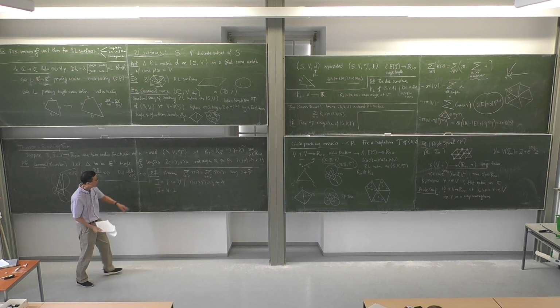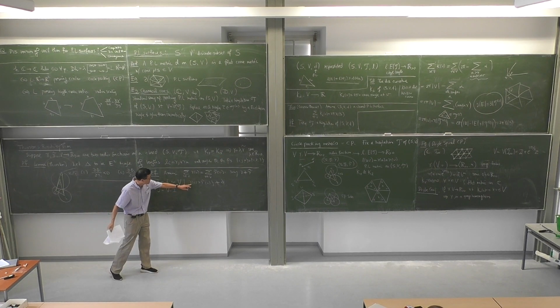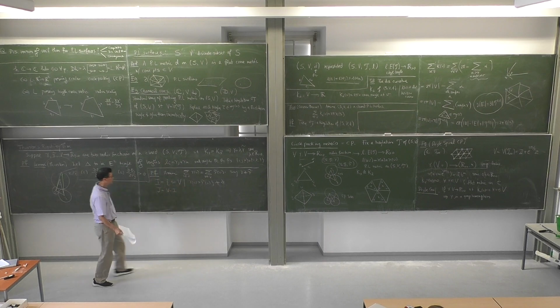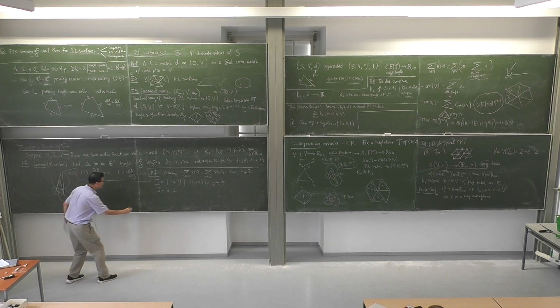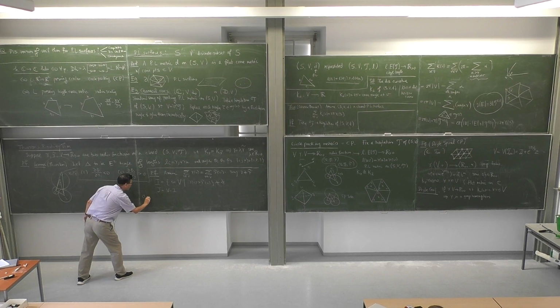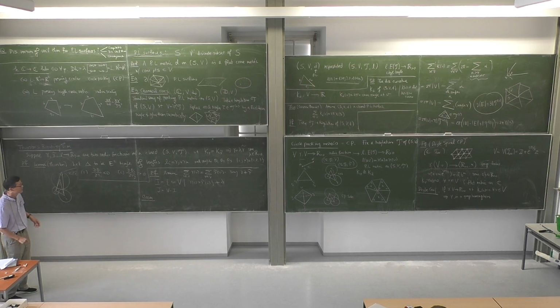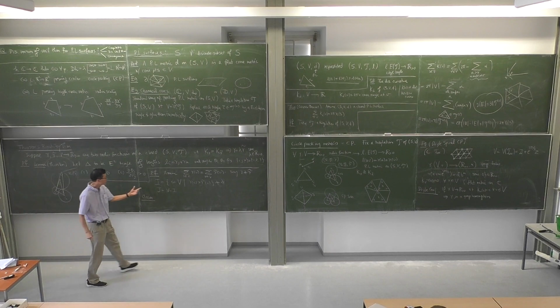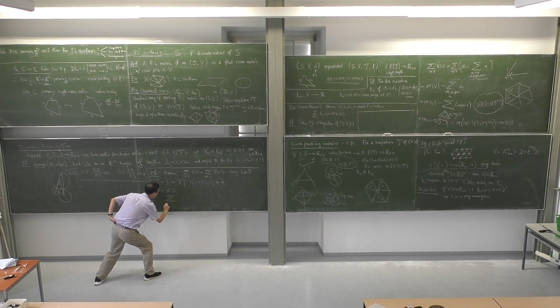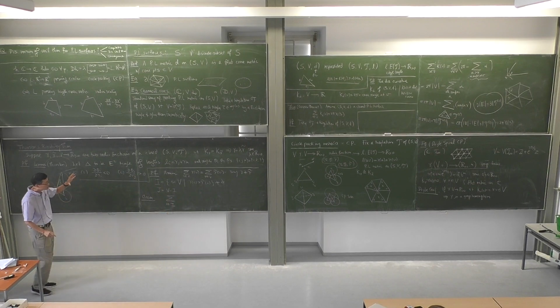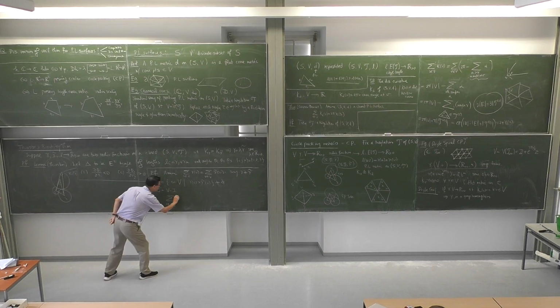So at the vertices J, the radius R is less than or equal to the other one. Okay, so the claim is, and this is a really ingenious observation of Thurston: if you look at the sum of the curvature over the set of all vertices where the radius is bigger, it's going to be bigger.